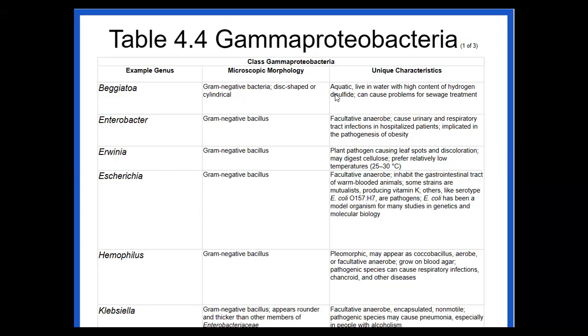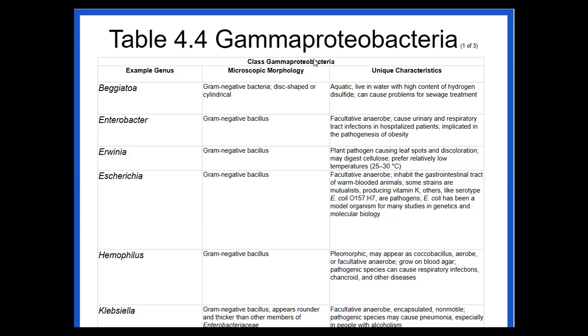Okay, Haemophilus. This is a gram-negative bacillus. It's pleomorphic, so it may appear as a coccobacillus. It's a facultative anaerobe. It can grow on blood agar.